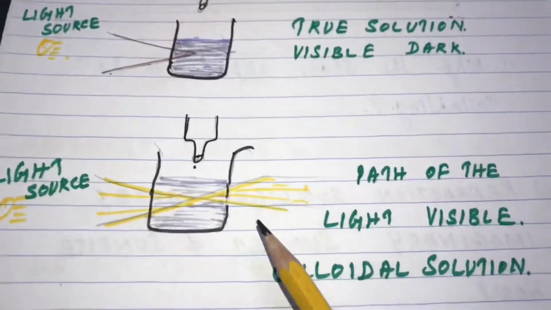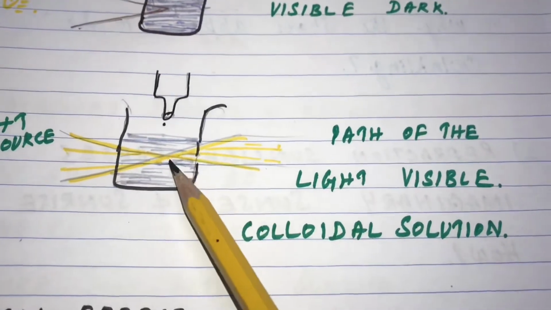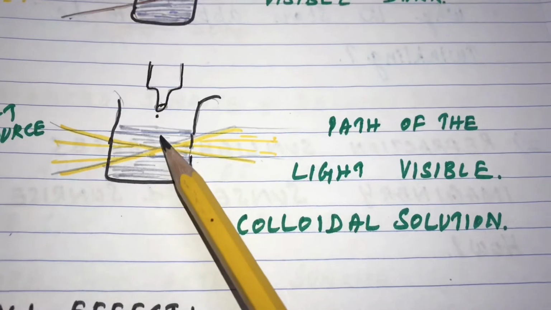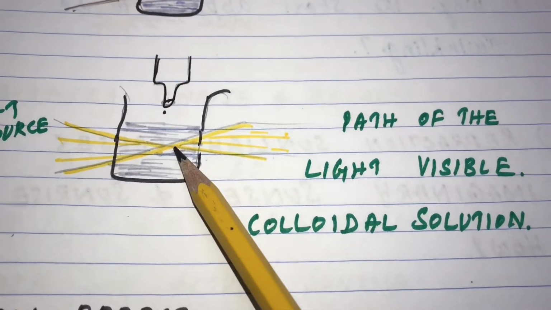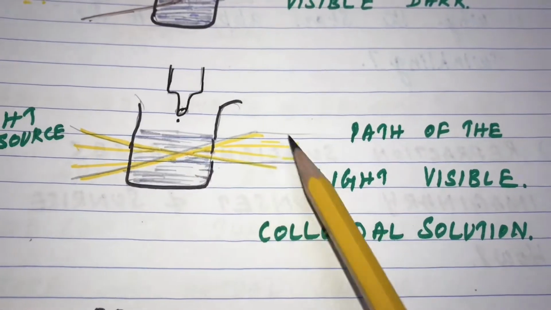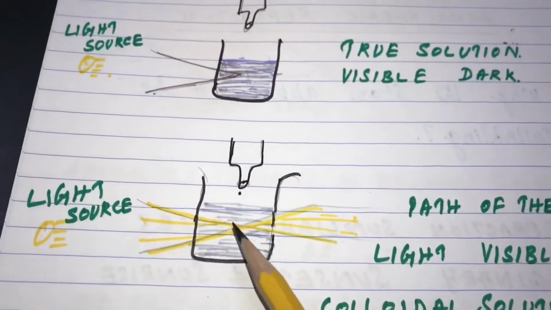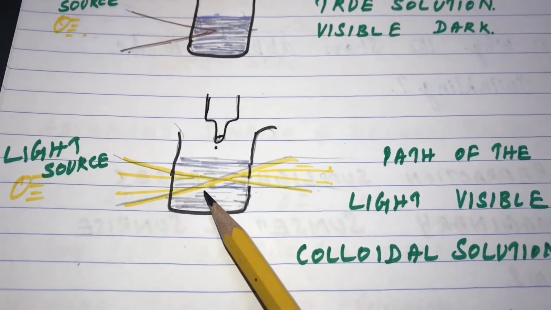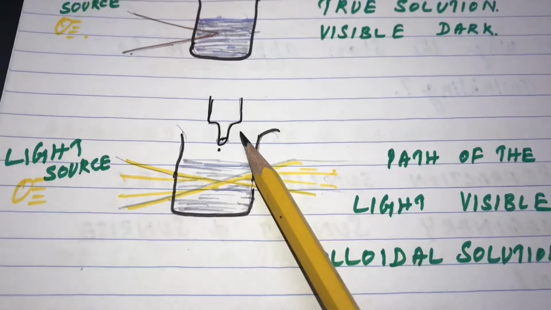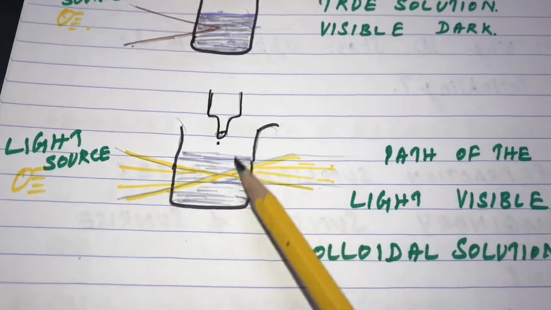The same light, when passed through a colloidal solution like dust particles or milk or any other colloidal solution, has its path visible when viewed perpendicular to the direction of the light.